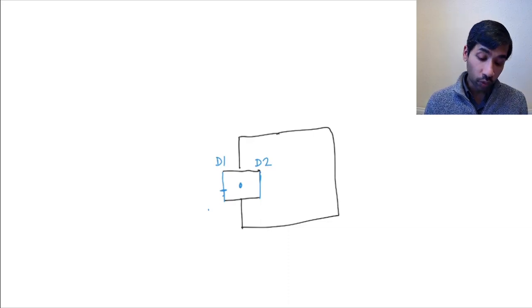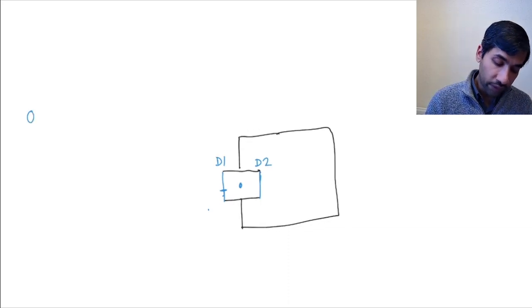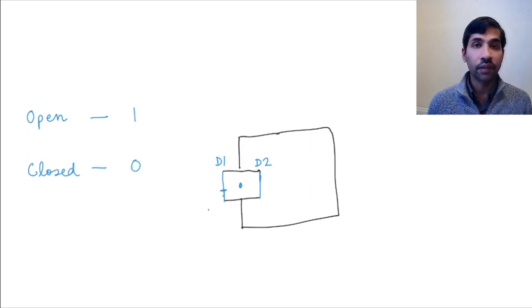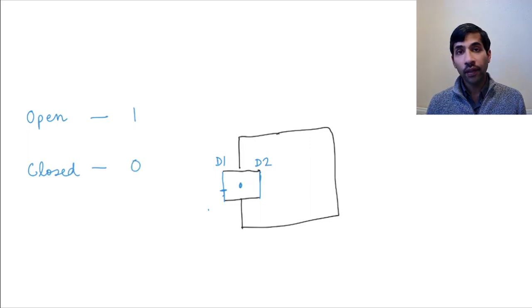If the door is open, the sensor gives a value of, let's say, 1, and if the door is closed, it gives a value of 0. Now, tell me how you're going to make this kind of a system.